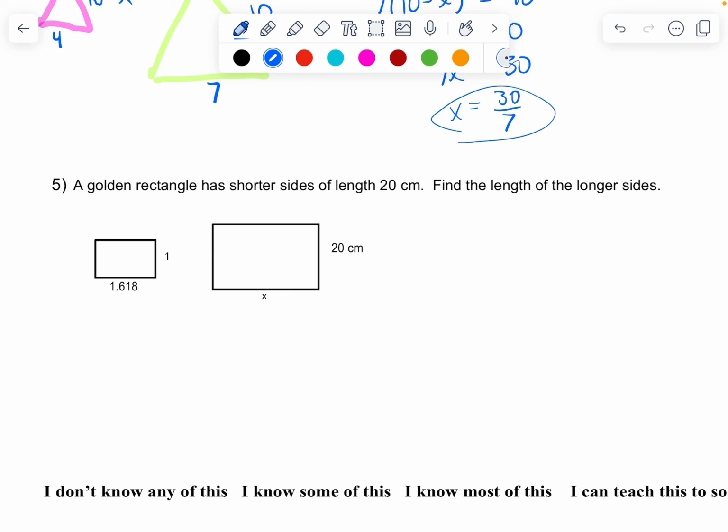Okay, last one, golden rectangle. Really, what you just have to know is this is famous. This is always something you just have to know. So another way you can set these up is you could go width over length.